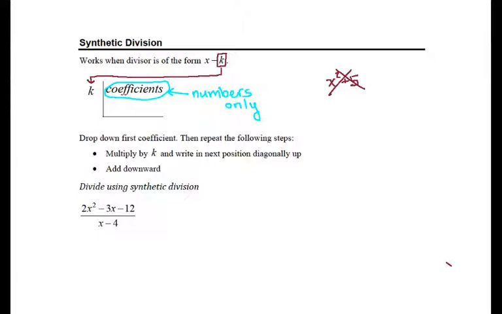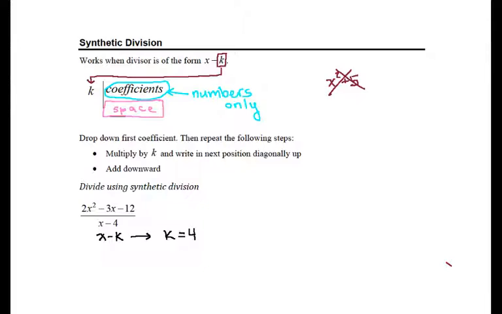Also, set this up with a little bit of space here. We're going to be able to write one row of numbers below those coefficients before we get to the bottom of this bracket. So let's go ahead and set up this first example. If that divisor is x minus k, then that suggests to me that k is equal to 4.